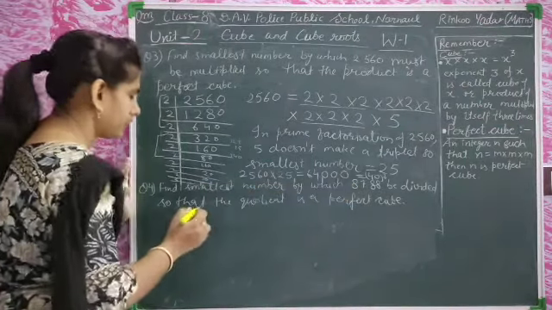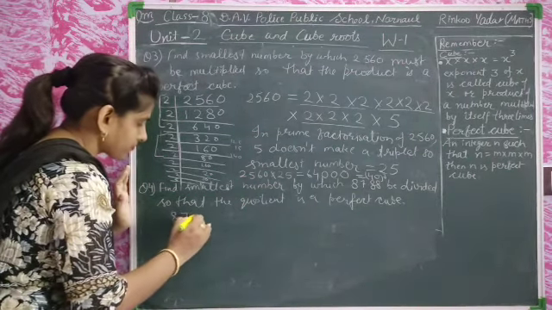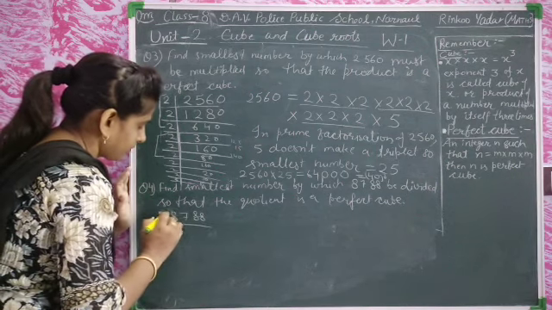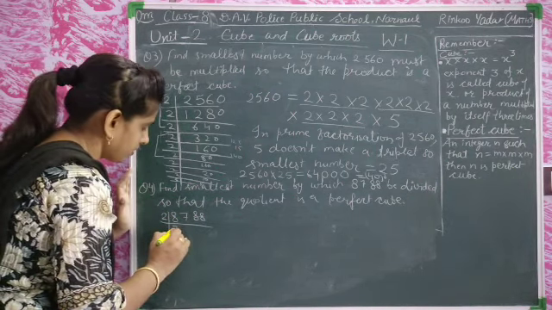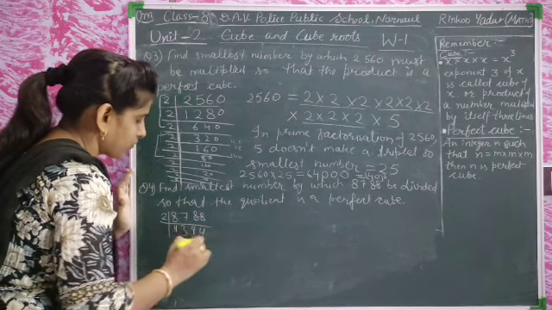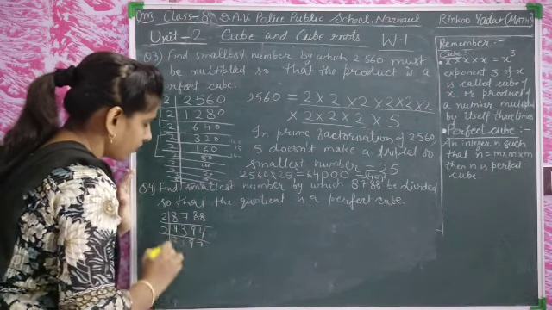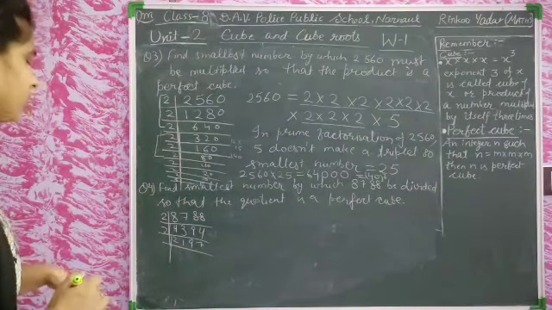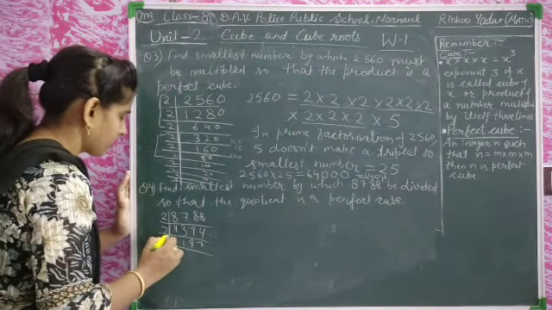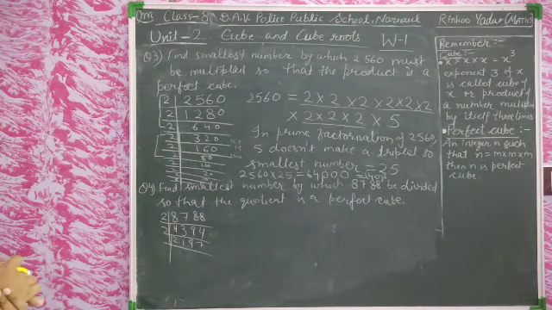Now we will see here 8788. We are seeing another prime factorization. 2 fours are 8, 2 twos are 4, 2 ones are 2, 2 nines are 18, 2 sevens are 14. Now which number divides this number?